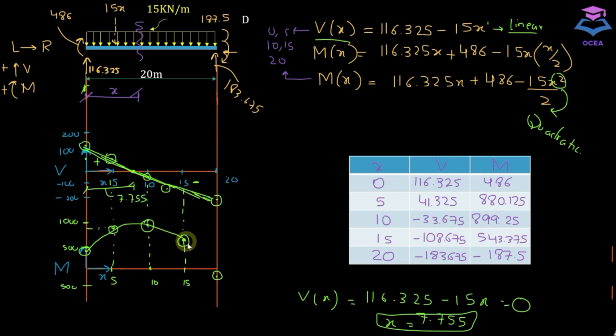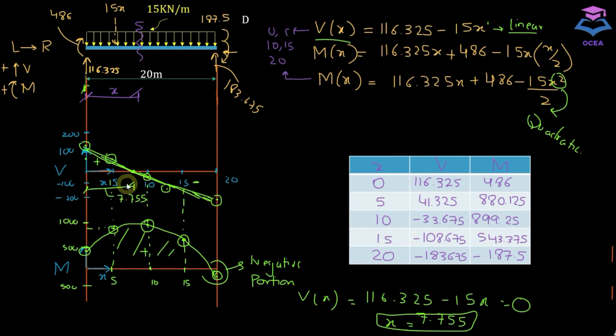If you connect these points together, we would obtain the moment diagram. It would be positive here, and there will be some negative portion here. Furthermore, this is not the maximum value. At 10, we have 899.25, but this is not the maximum value of the curve.